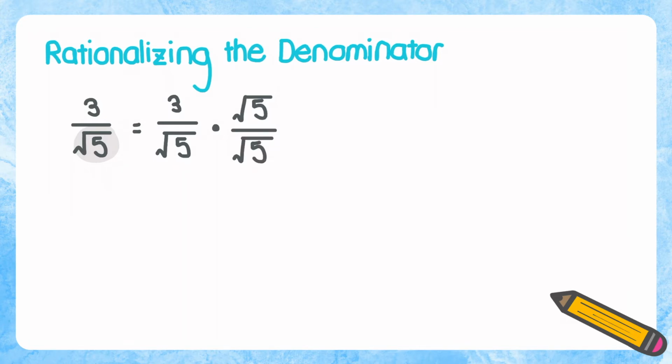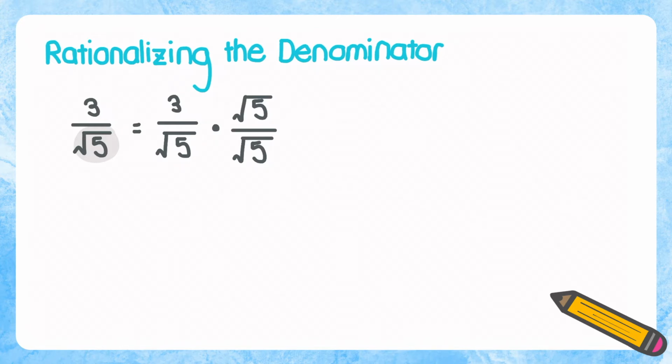And this is because the square root of 5 over the square root of 5, or radical 5 over radical 5, equals 1. So we're just multiplying by 1. Nothing really changes. We're just trying to write this in a different format.